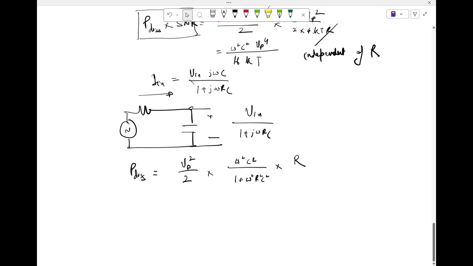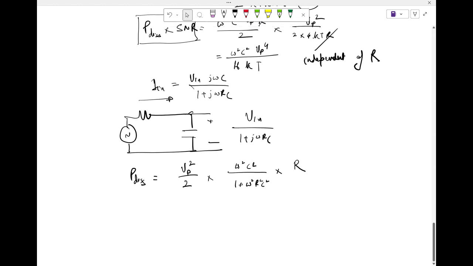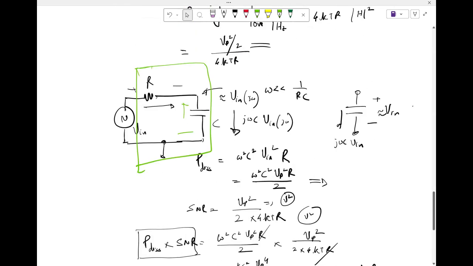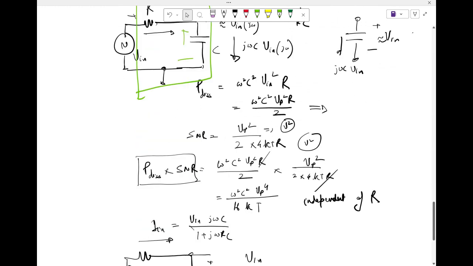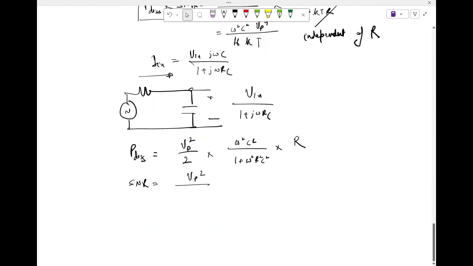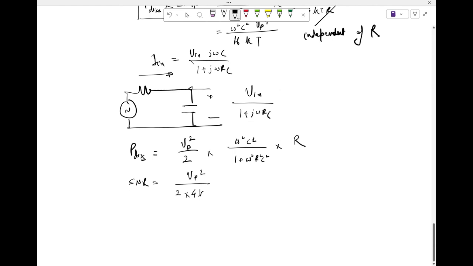Okay, fine. So an SNR is always VP squared by 2 times 4 kTR. So your power dissipation.